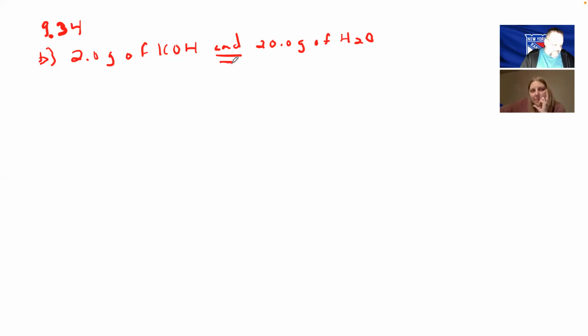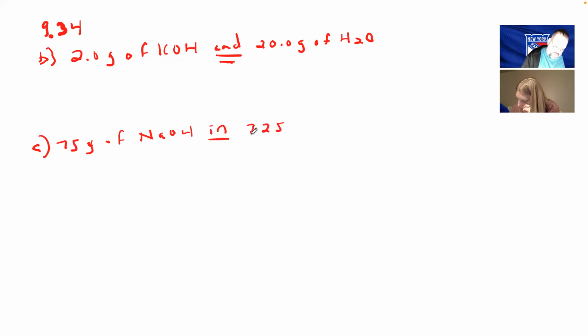If you look at A, and I'll just put A down for 34, they tell you 75 grams of NaOH in 325 grams of NaOH solution. So the difference here is that in A, the 325 grams is the total mass of the solution.